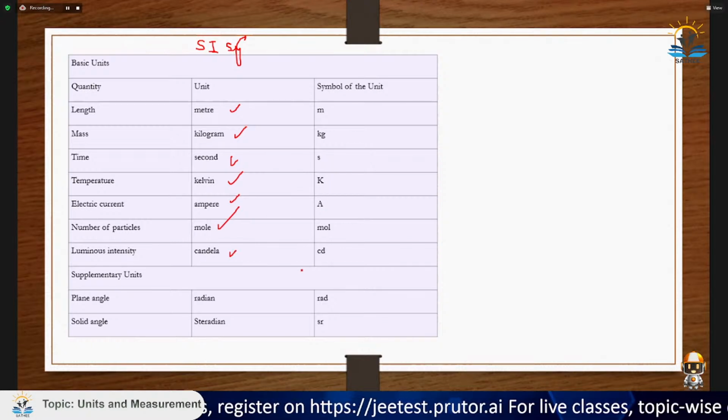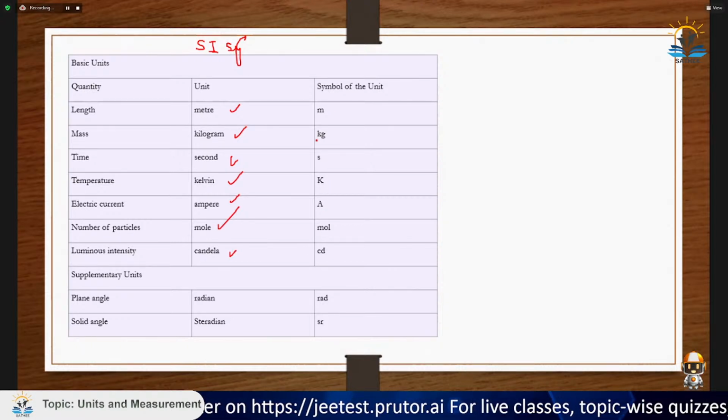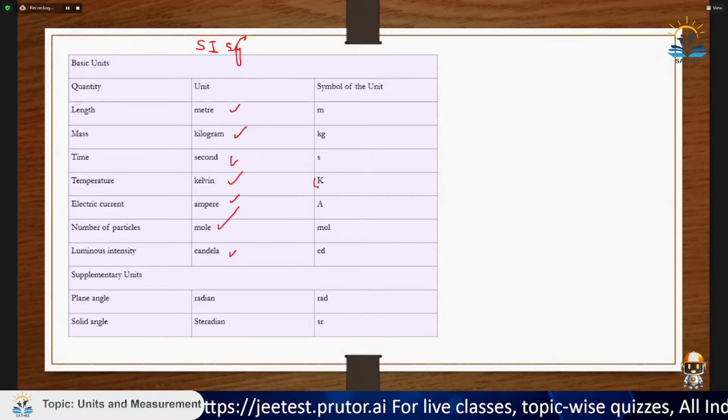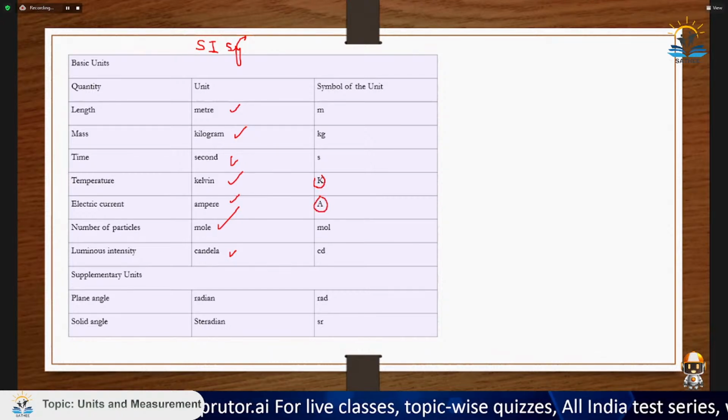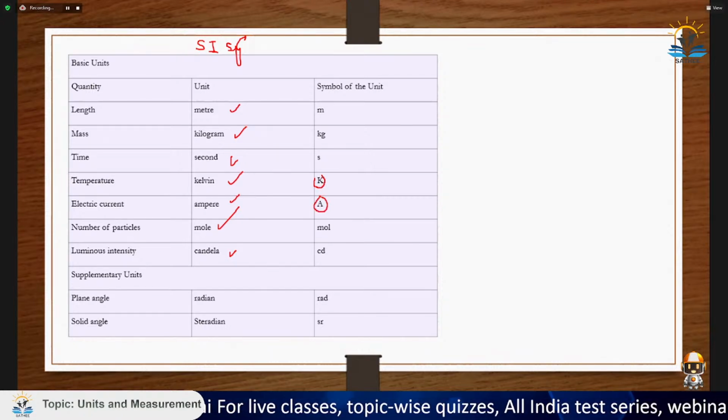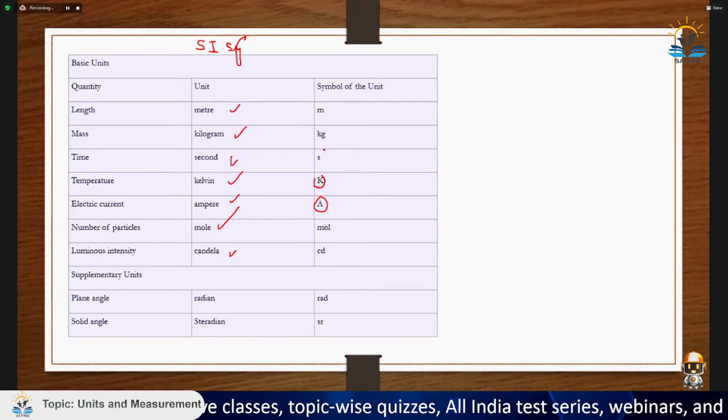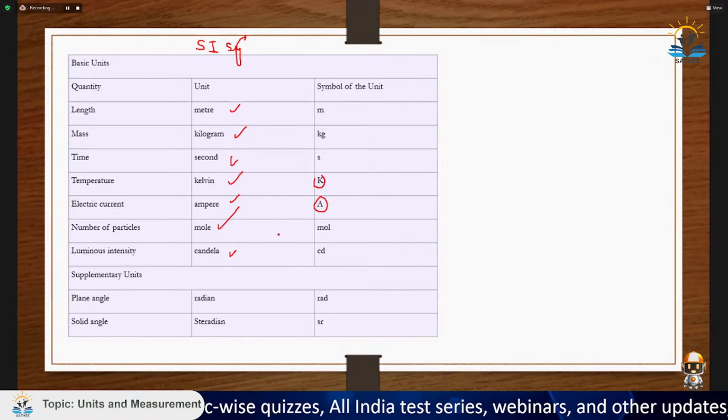One thing: candela, cd, is small, all others are capital, like Kelvin is capital, ampere is capital. So please remember the units, which one is small and which one is capital, because these also contribute a lot towards this units chapter.